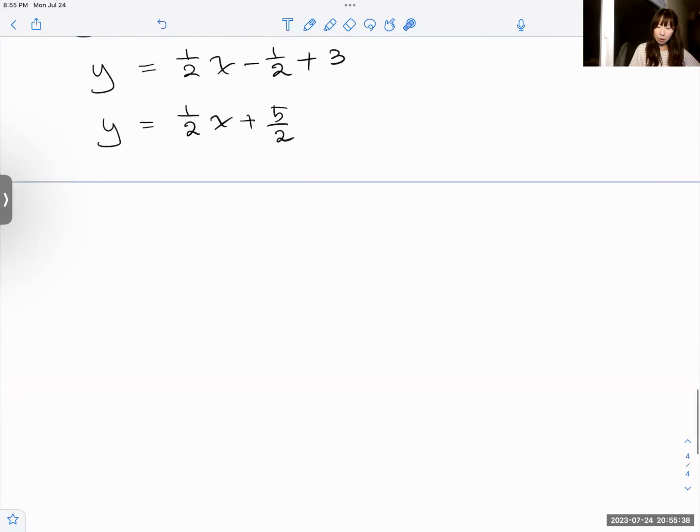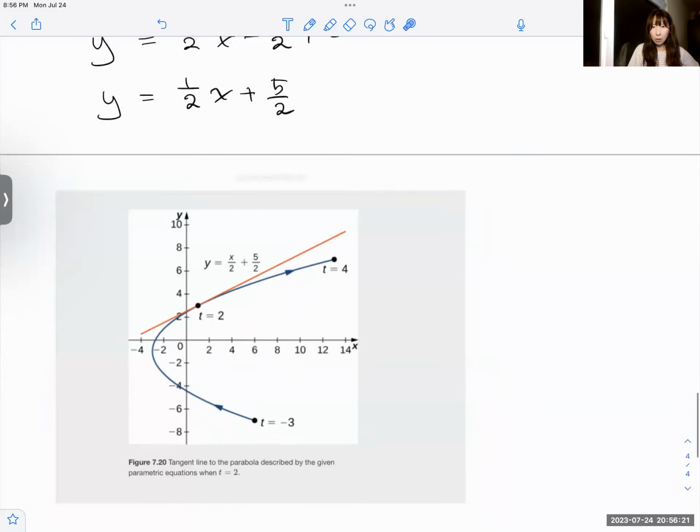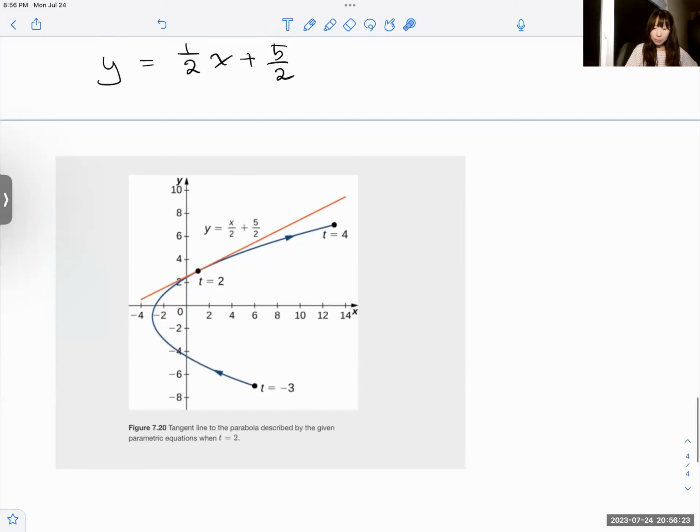So let me bring the picture. I have to make words. Okay, so this is the equation of a tangent line. This is the graph of the parametric equation. All right.